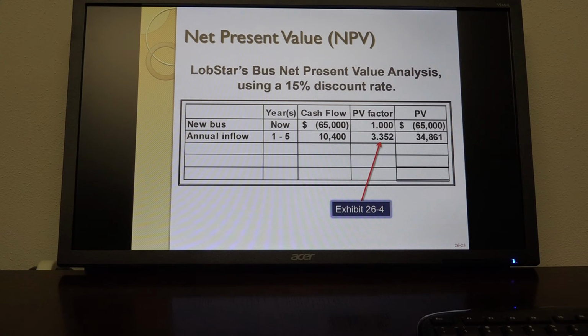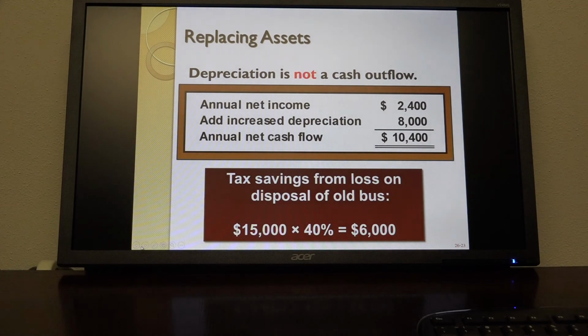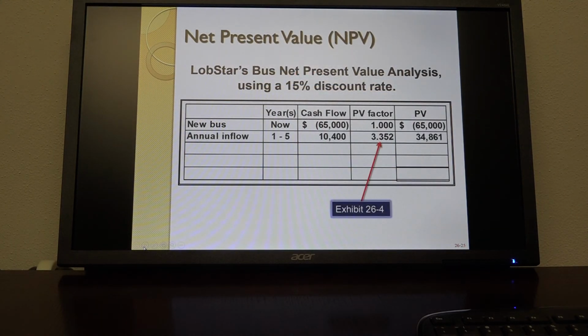And then you're going to have your inflows. The $10,400, which we looked at here, annual net cash flow, is going to be an inflow, and you're going to multiply that by our present value factor.